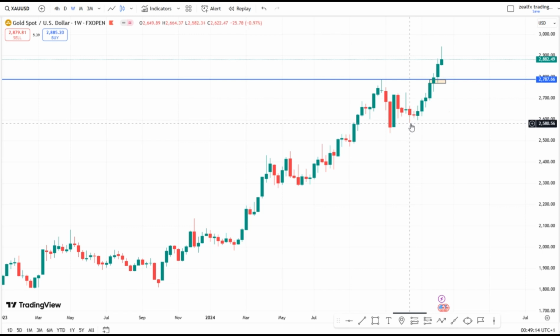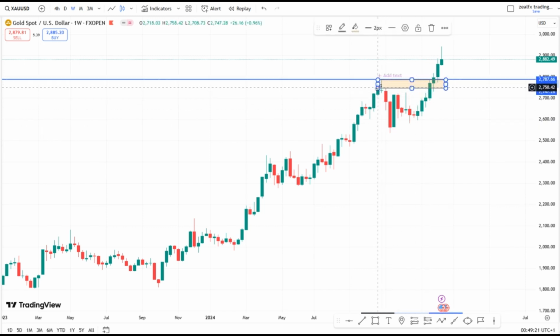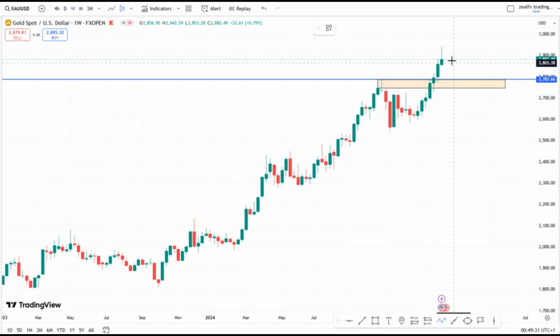All we need on the gold USD, we have a significant area here, which is this previous resistance level. We need price to do a retest of this level before we look at our buying opportunity. We expect price to come to a retracement back to this zone. Then we're looking for a buying opportunity on the daily chart from this resistance zone to the top side.